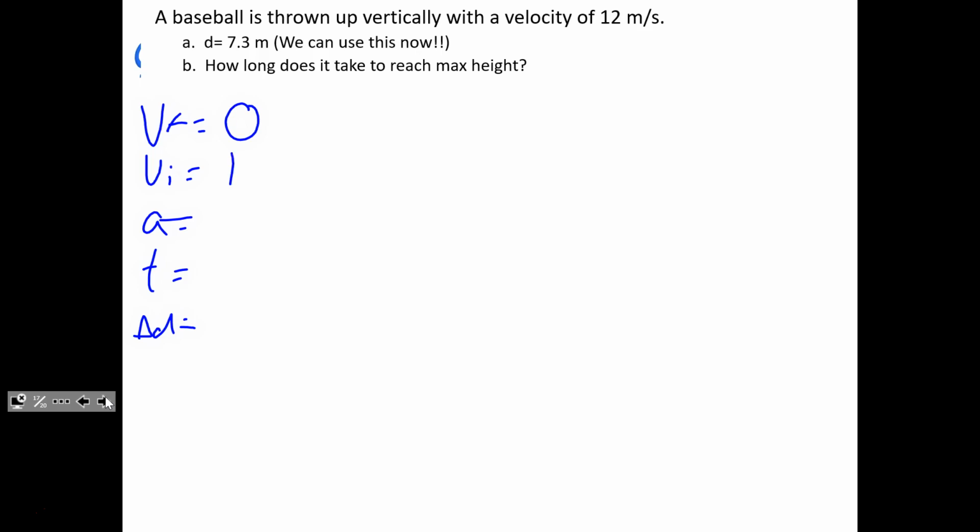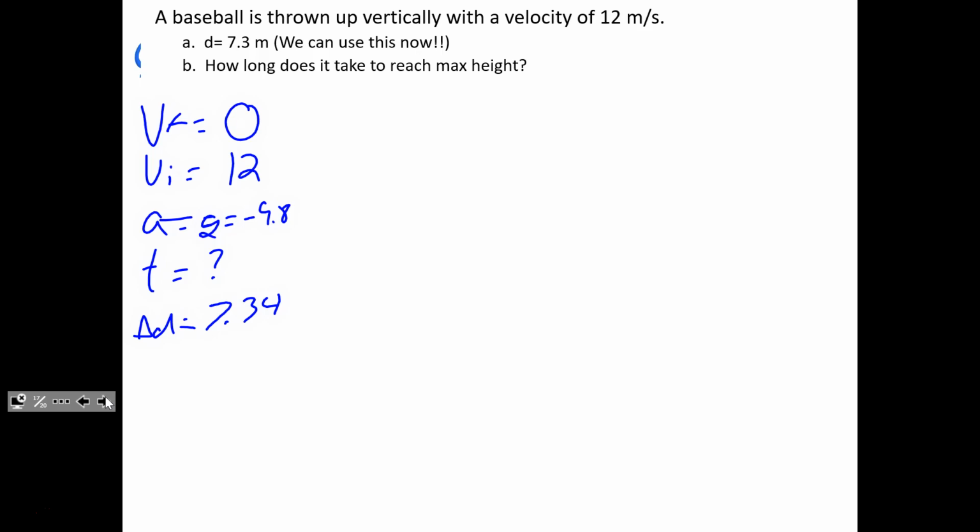Our velocity initial from the original problem said it was 12. Our acceleration is equal to gravity, which is equal to negative 9.8. Our time, that is what we're solving for. And guess what? If we look back at the last problem, we solved for our displacement, 7.34. So we can plug all of that information in.